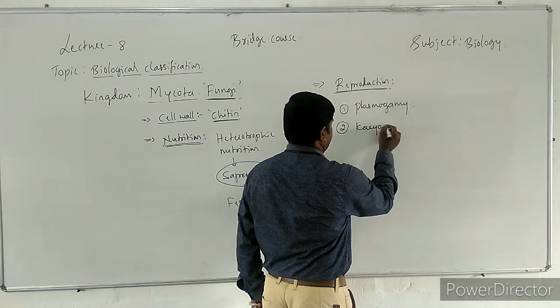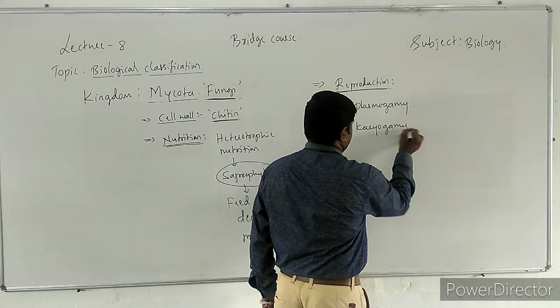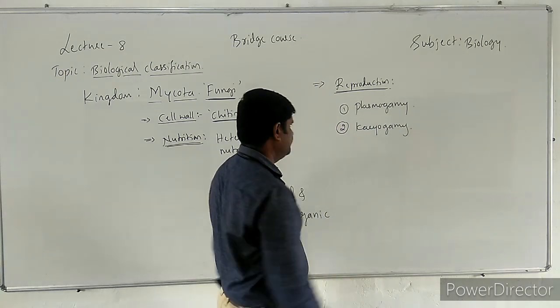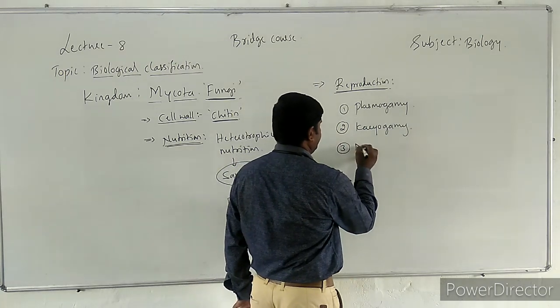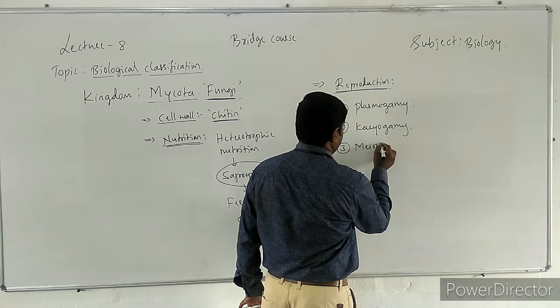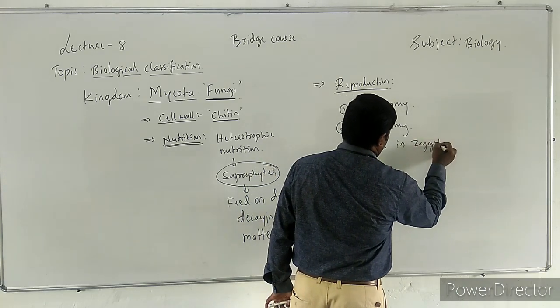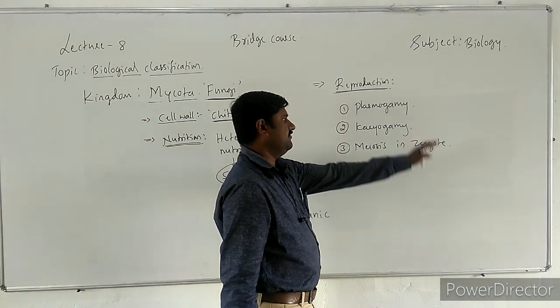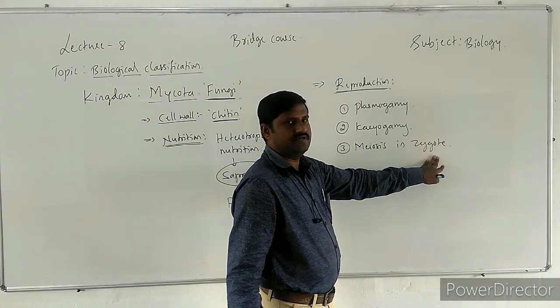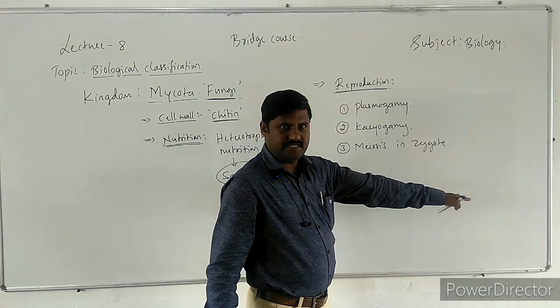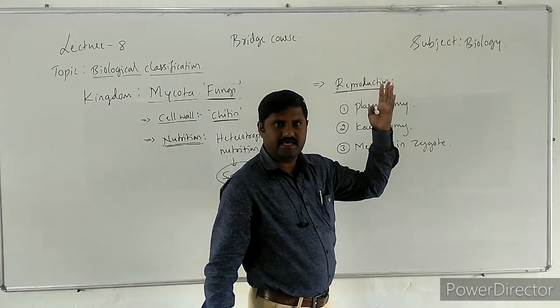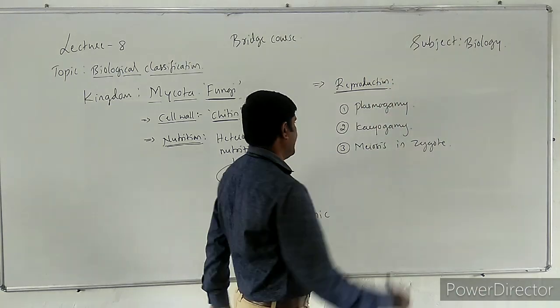Karyogamy is another. And the third is meiosis, which occurs in the zygote. As a result of meiosis, the zygote divides into 4 cells and they grow into new organisms.